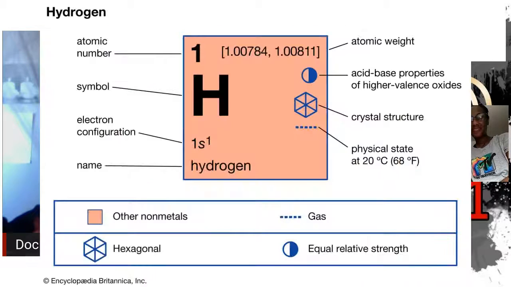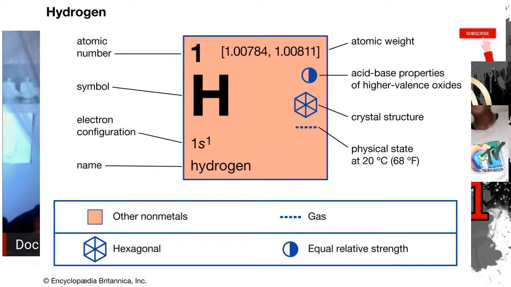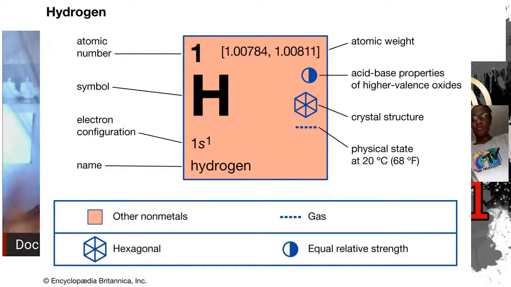I think there was one more thing on there. Oh yeah, the electron configuration. This is super important, especially when you get into upper level science, because it determines where your valence electrons are, and basically where all of the electrons are.